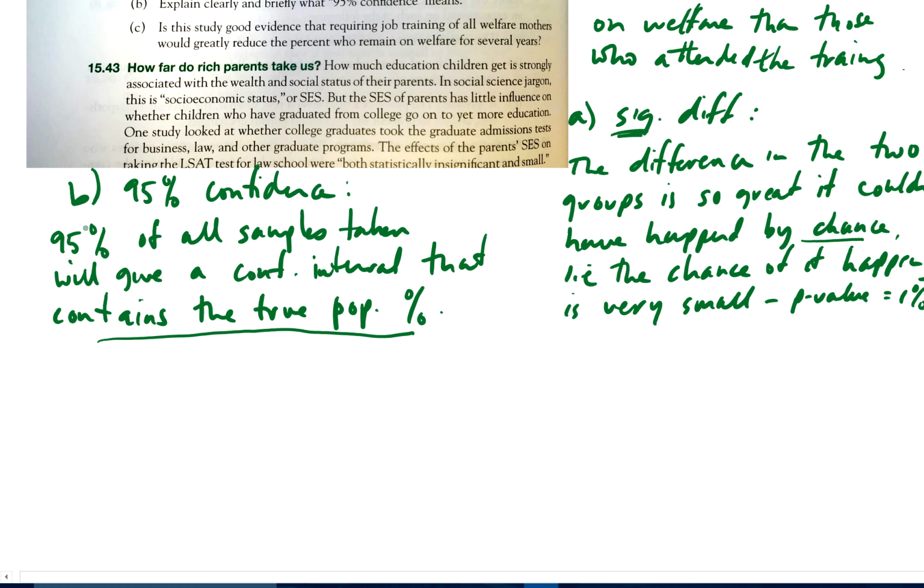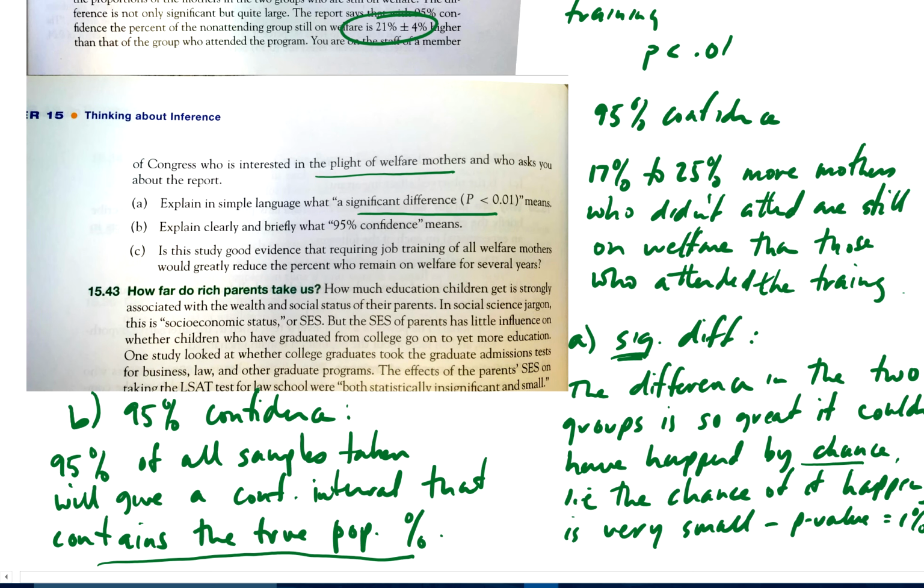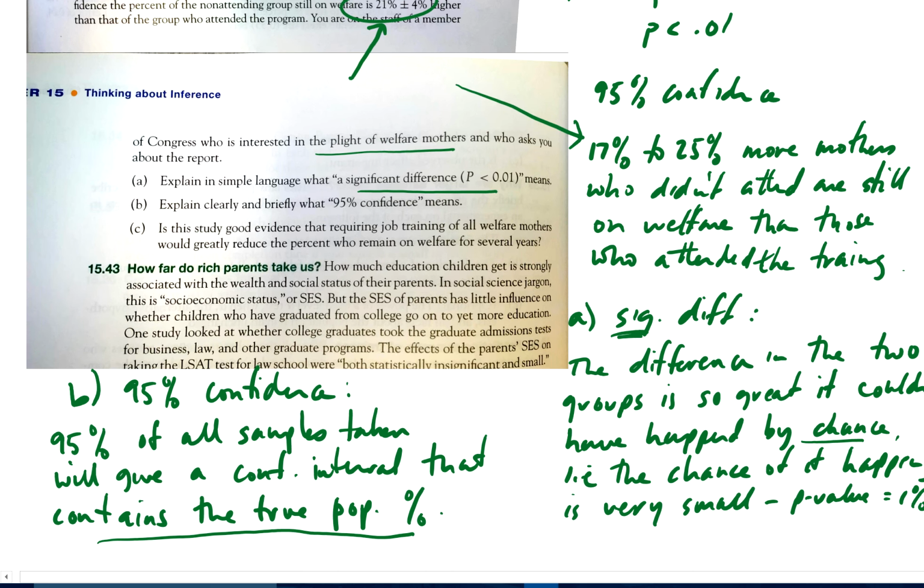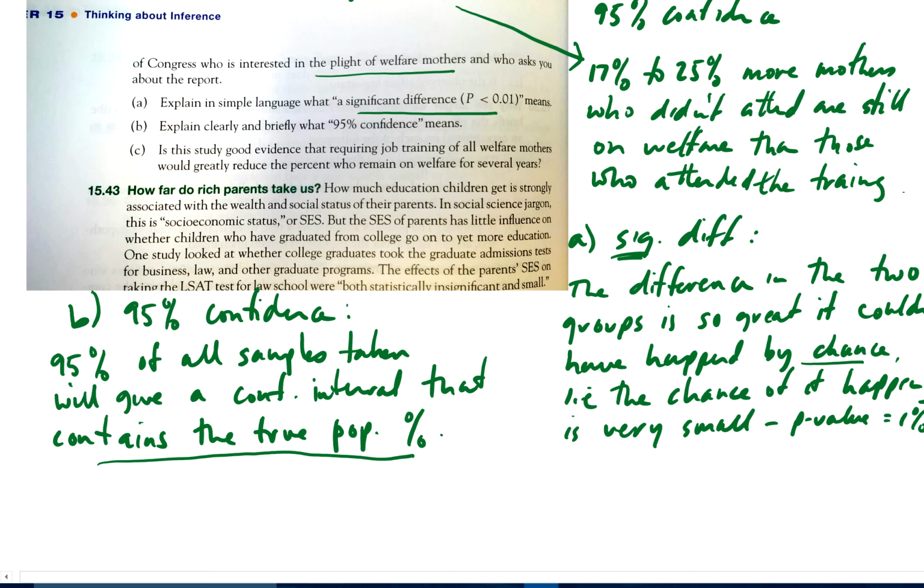So I can be pretty confident that the true population proportion is actually in that interval. It's between 17 to 25%. I'm pretty confident since 95% of all the samples are in there. Okay, does that make sense? So read that, make sure that you understand what we're saying there, okay?